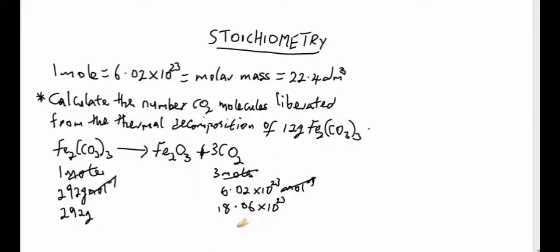Now we can bring in the question. The number produced is unknown, and they give us 12 grams here. So if 292 grams from the equation produced this, then 12 grams should produce X, the unknown.